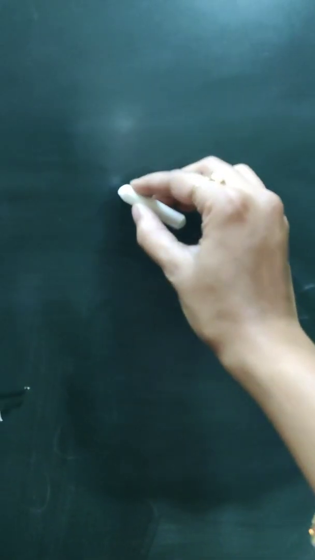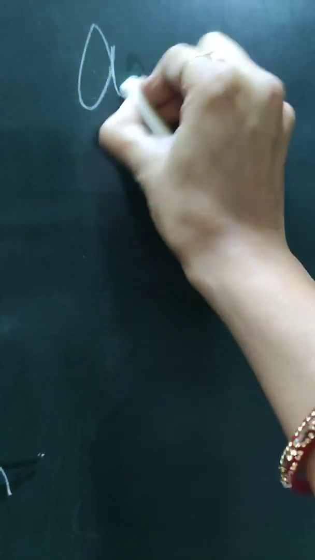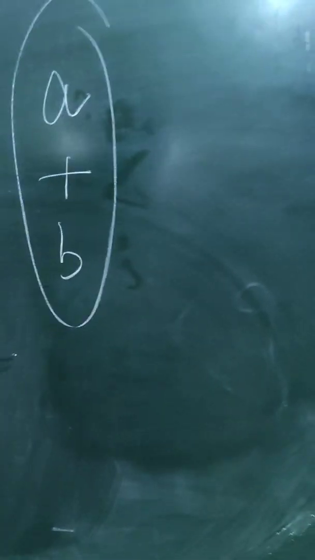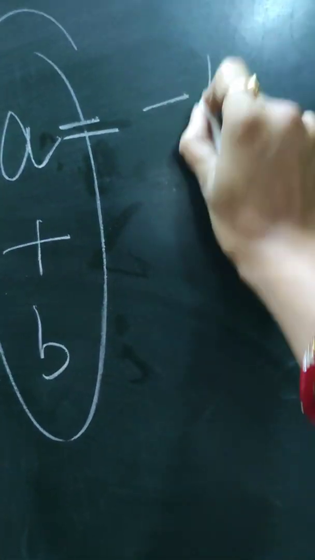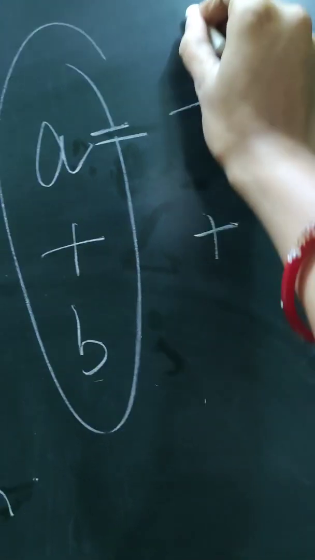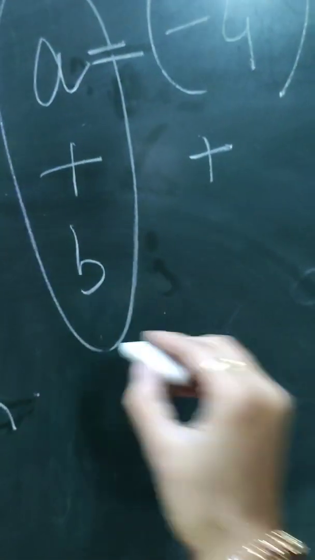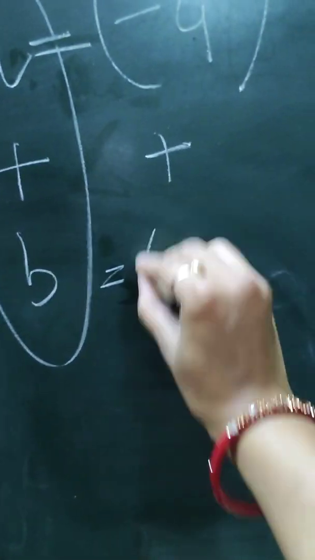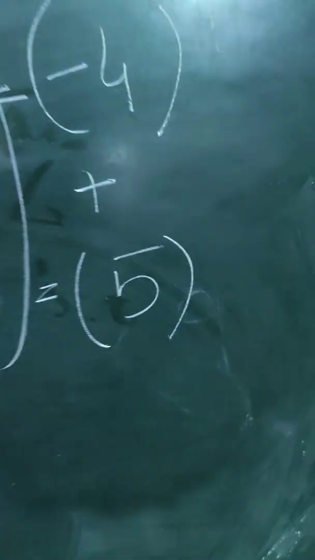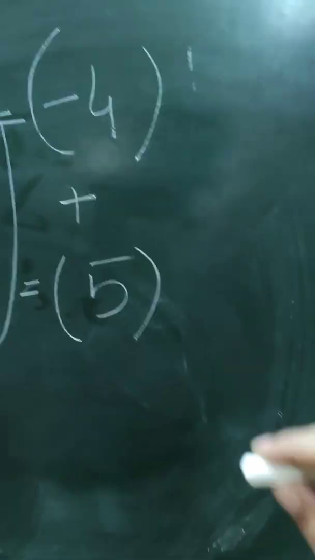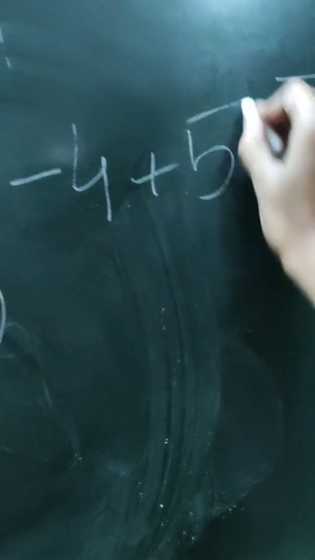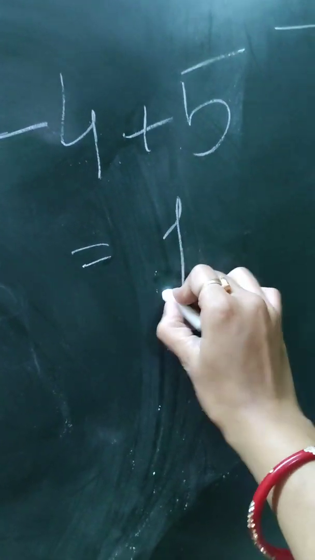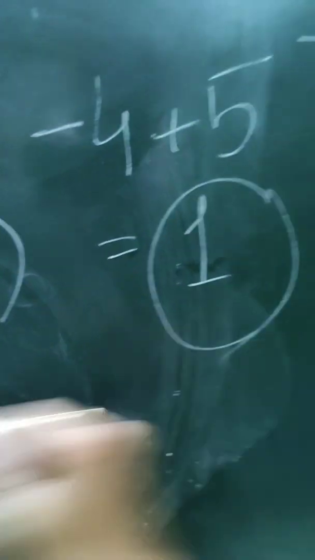Here I take the example: a plus b, if both are integers, then the whole thing will also be an integer. Now let me take the value of a as minus 4, expressed in brackets, and b is represented as 5. Addition of these two integers, that is minus 4 plus 5, is equal to 1, and 1 is an integer.